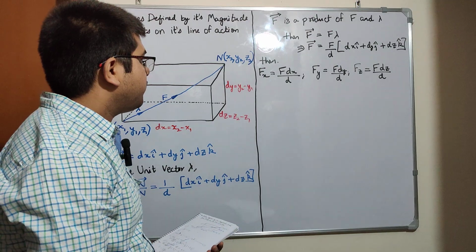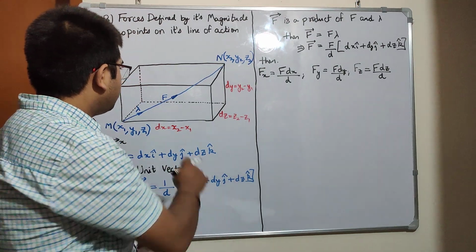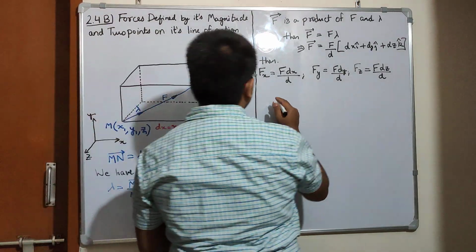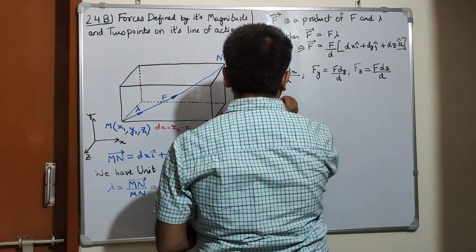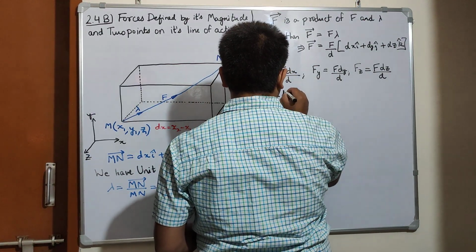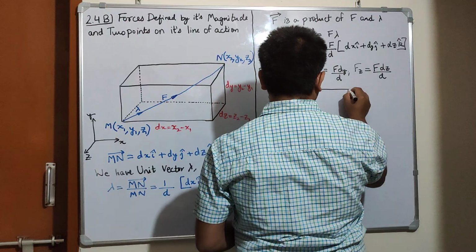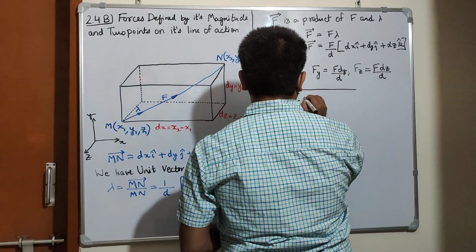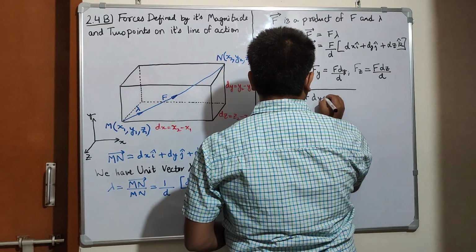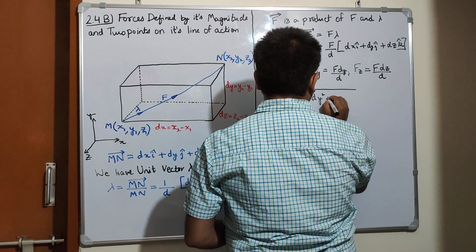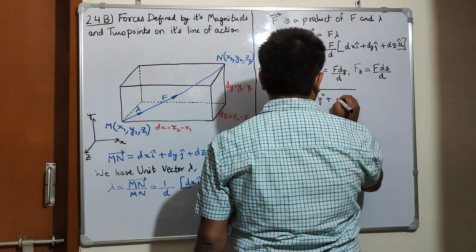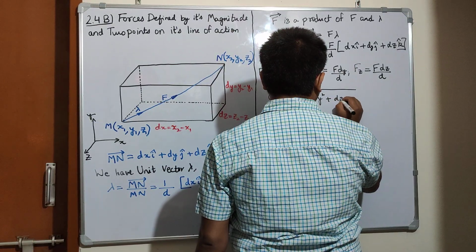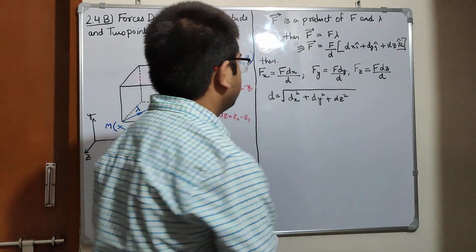And if we want to find out what is d, then d would be root under of dx whole square plus dy whole square plus dz whole square.